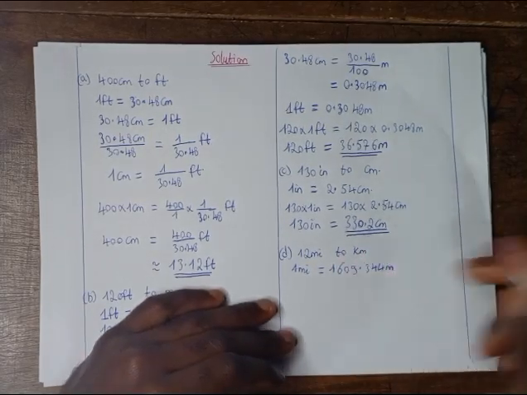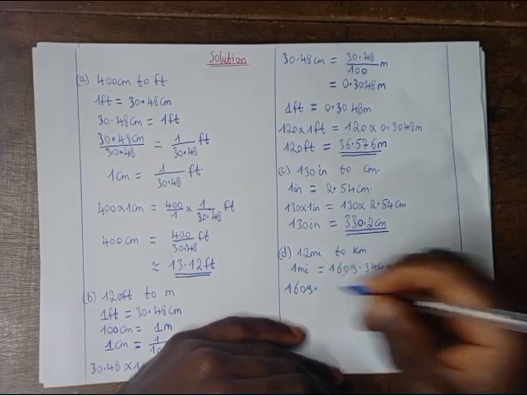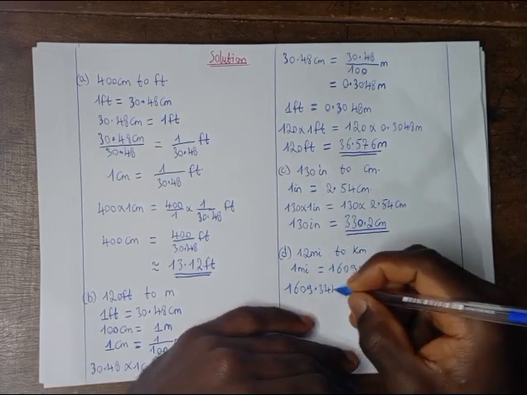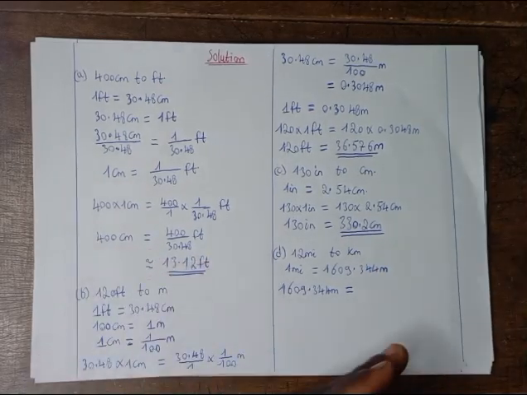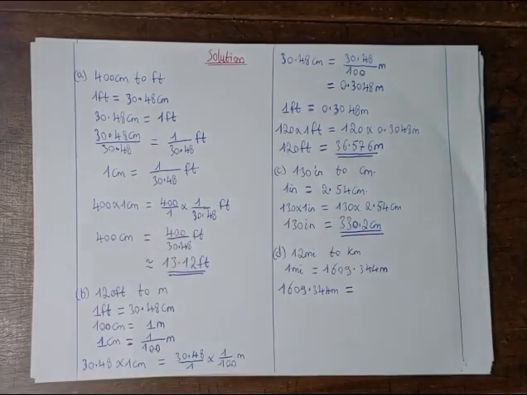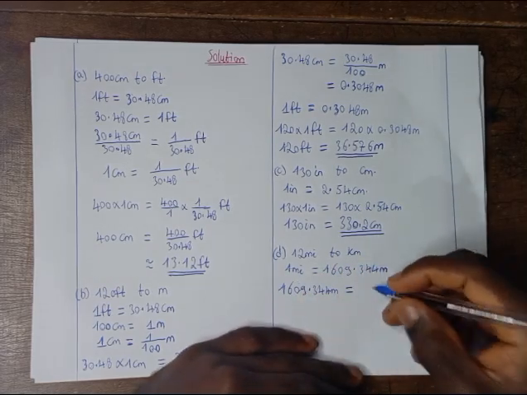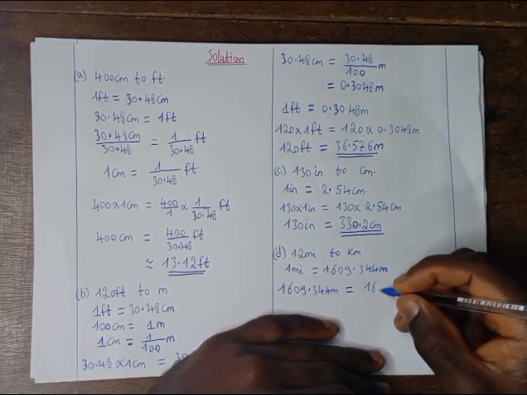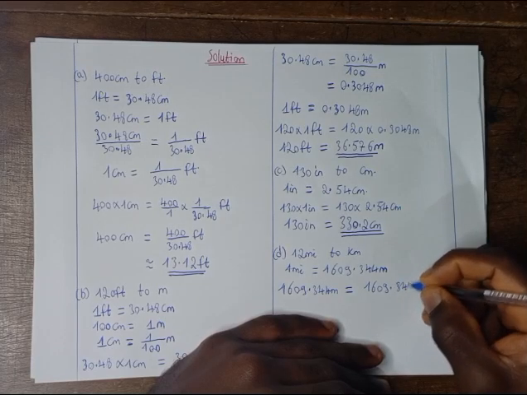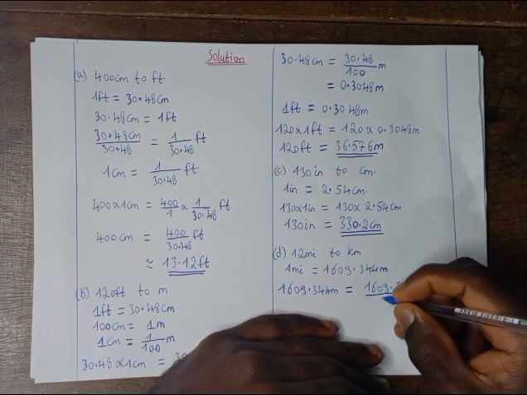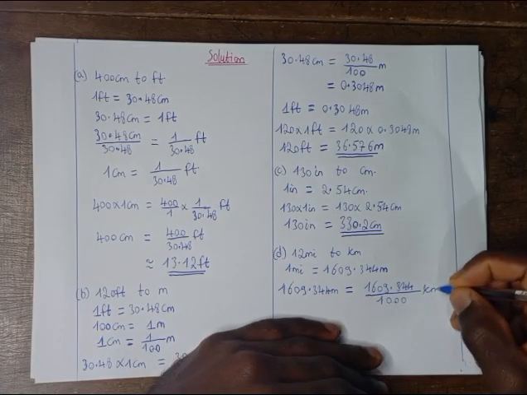Next, we need to convert this 1,609.344 meters to kilometers. We are changing from a smaller unit to a higher unit. In this case, we are going to divide by 1,000. This will give us 1,609.344 all over 1,000. This will be in kilometers.